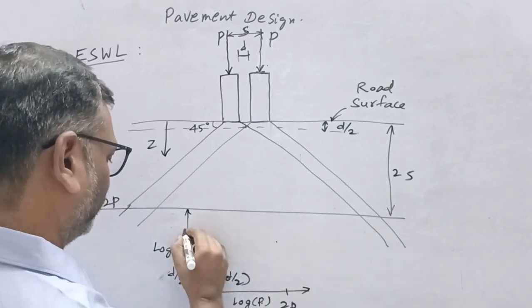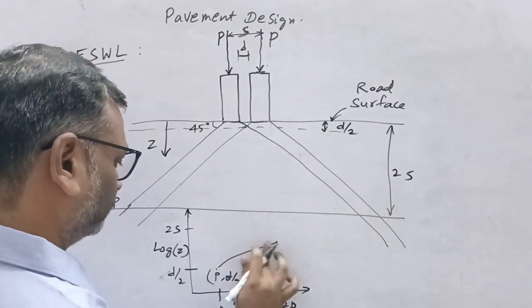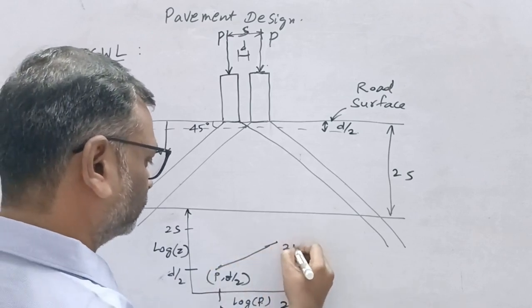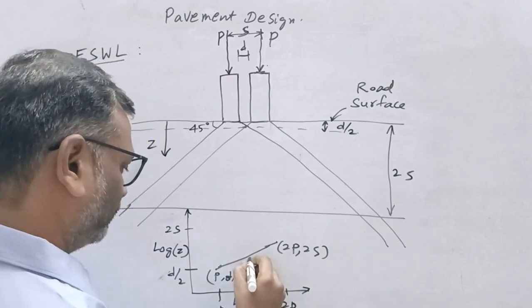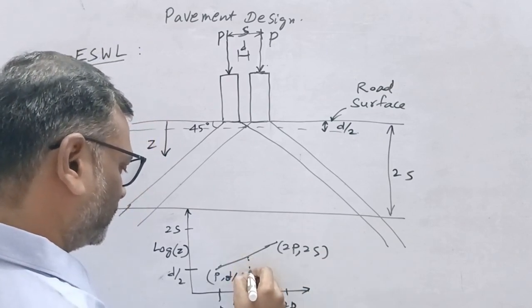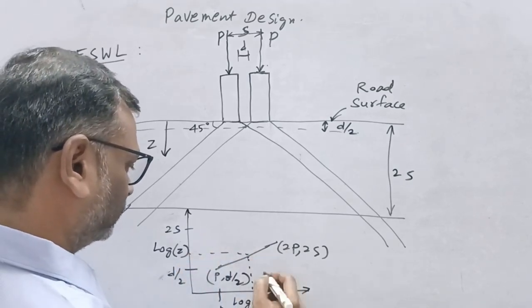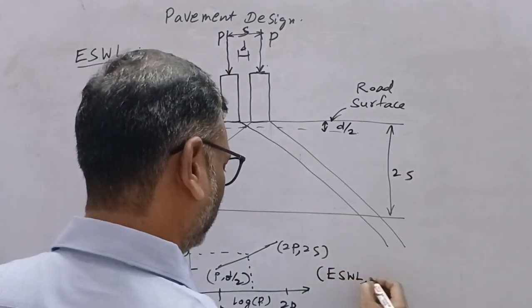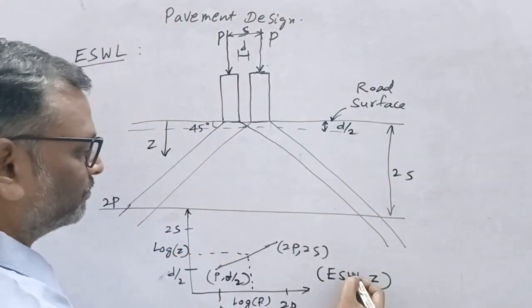So at 2P we have 2S. In between we have some Z, wherever you can take Z. So the in-between point is the equivalent single wheel load for that particular depth.